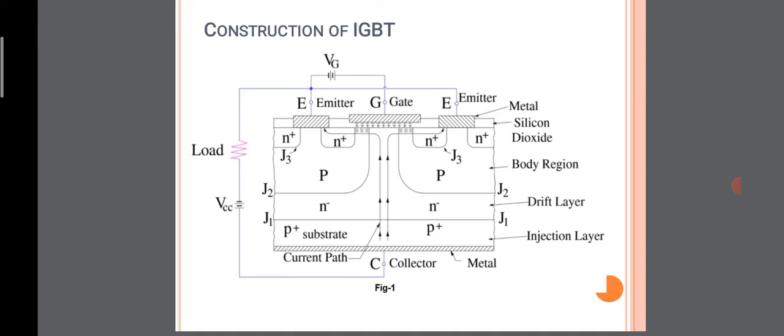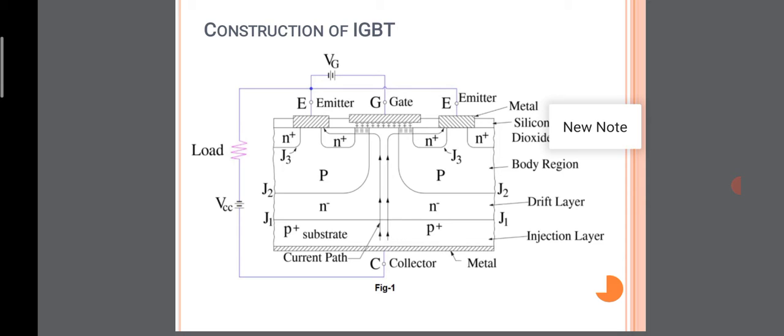Electrons from the N-positive emitter regions begin to flow to the N-negative drift region through the N channel. As IGBT is forward biased with collector positive and emitter negative, the P-positive collector region injects holes into the N-negative drift region.